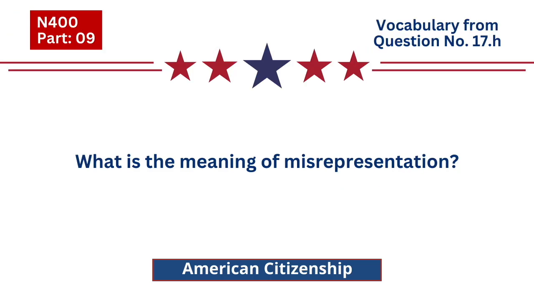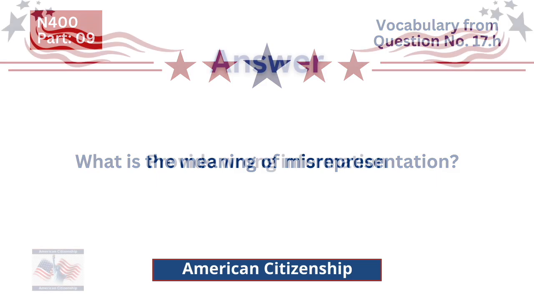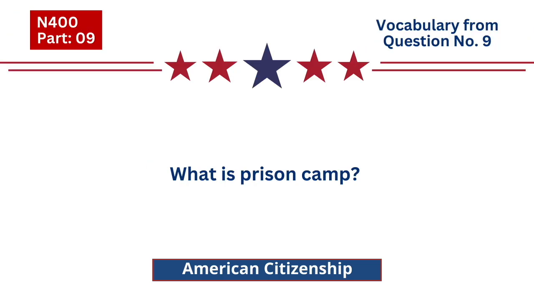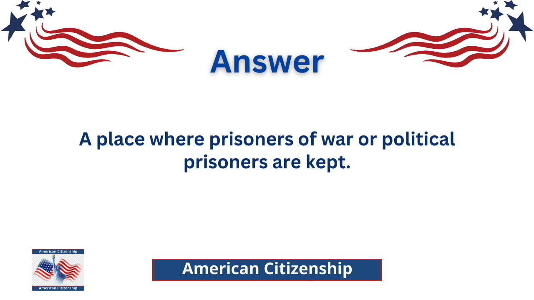What is the meaning of misrepresentation? Provide wrong information. What is prison camp? A place where prisoners of war or political prisoners are kept.